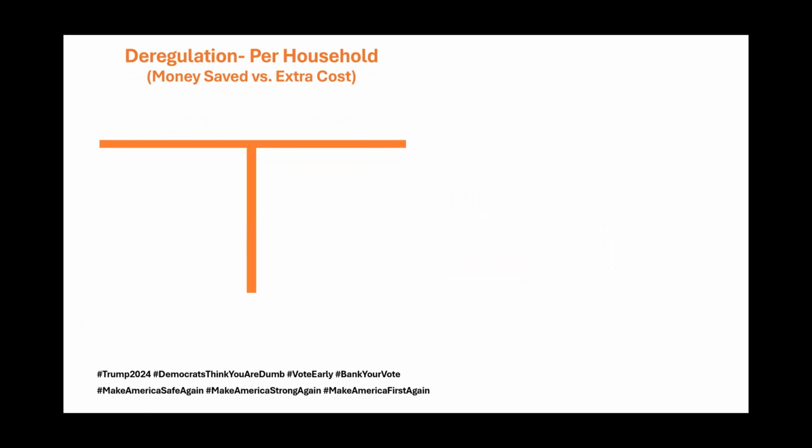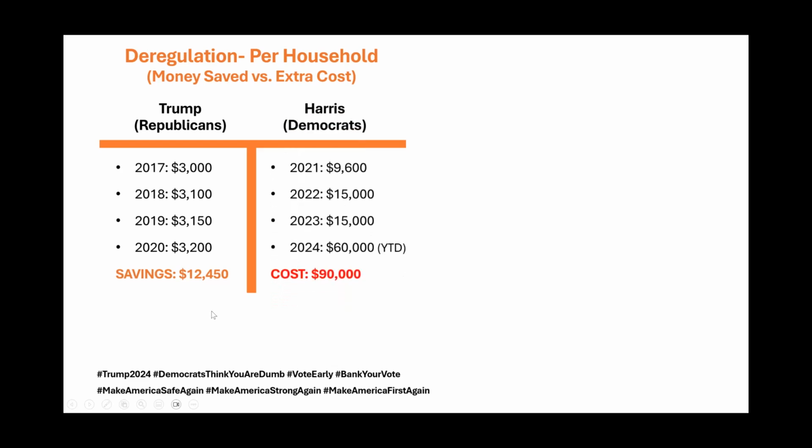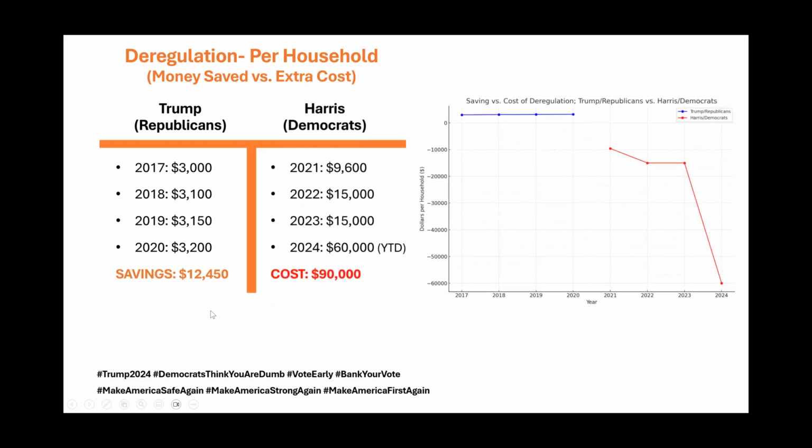Deregulation, big government versus small government. Under Trump and the Republicans, the average savings was $12,000. Under Harris and the Democrats, the cost per family has been over $90,000. So really tremendous.